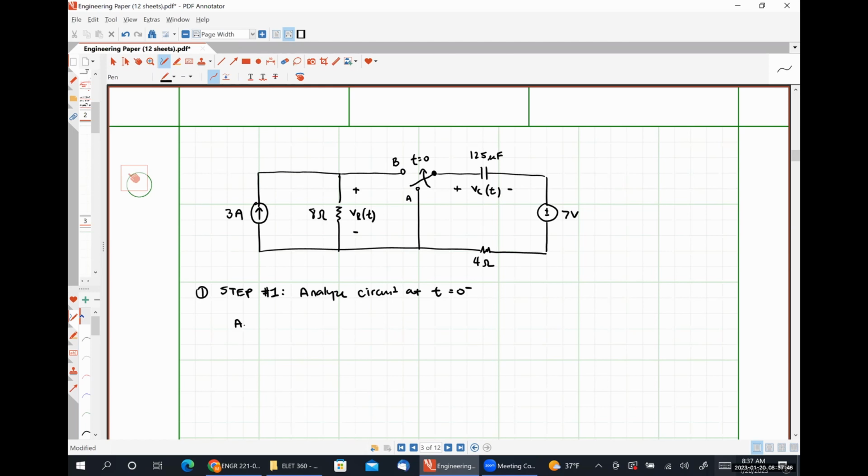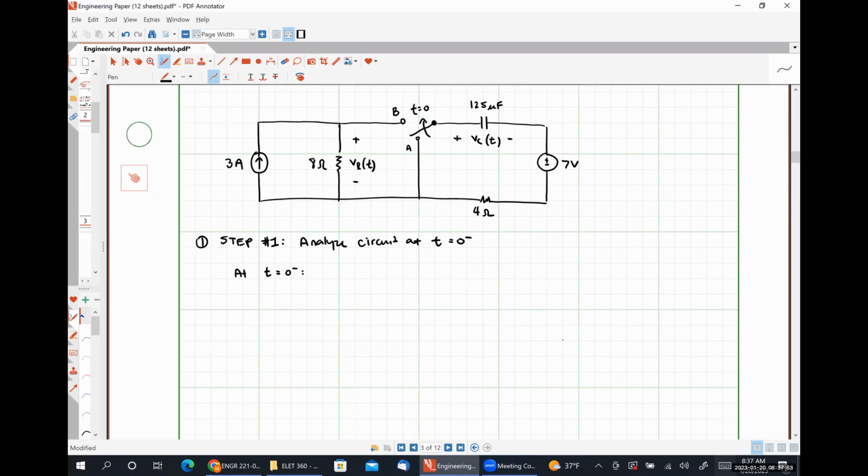So at t is equal to 0 minus, our circuit is going to look like this. Okay, so here's our 3 amp source in parallel with our 8 ohm resistor. Terminal B is open circuited. Terminal A is where the switch is connected.